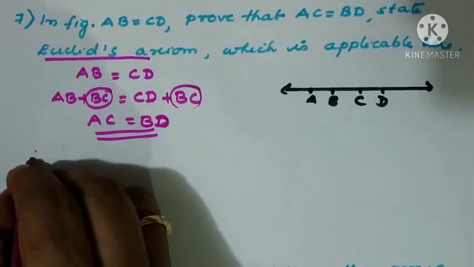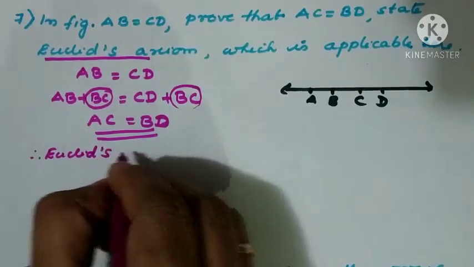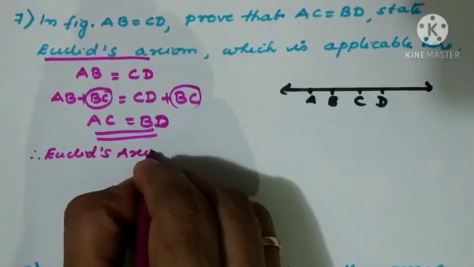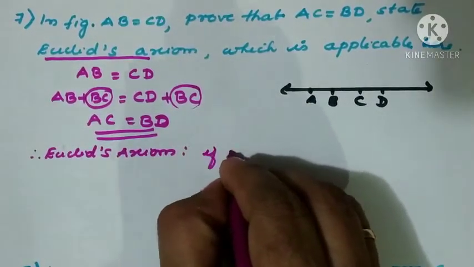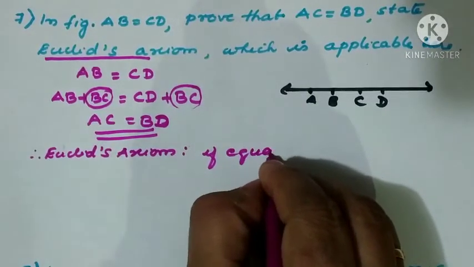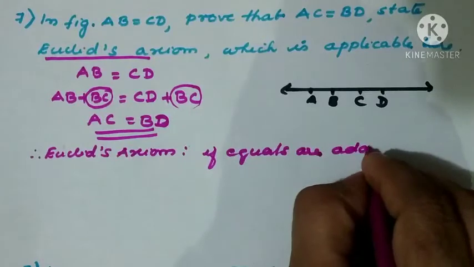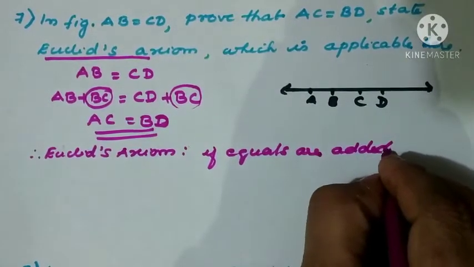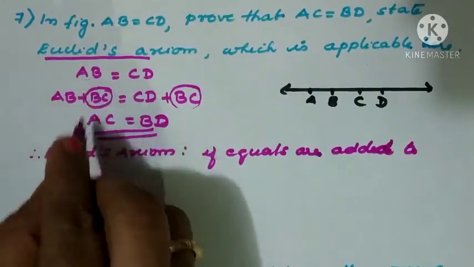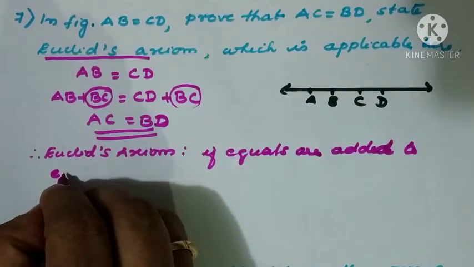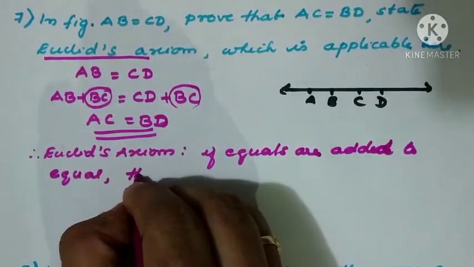So we'll write the Euclid axiom which is used here: if equals are added to equals, meaning the previous equals, that is AB equal to CD, the results are also equal.